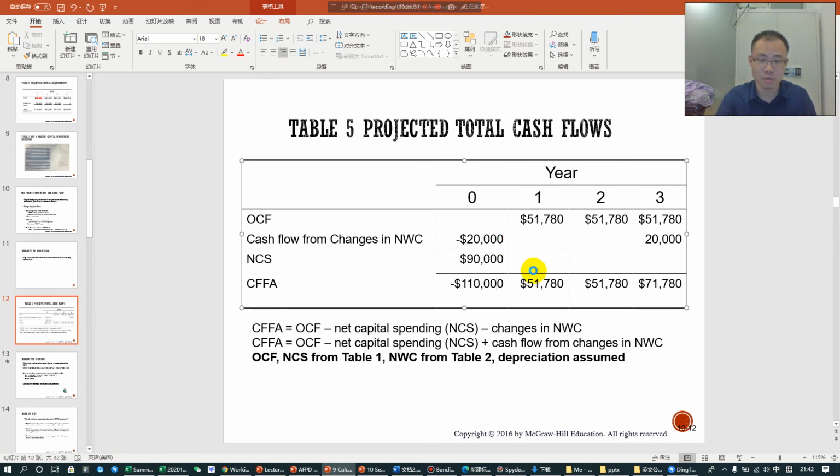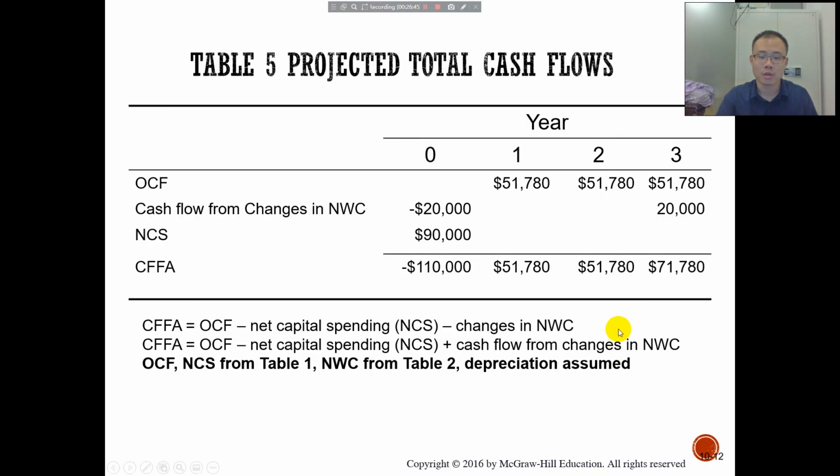This is right. So at the beginning of the first year, you spent in total $110,000. $20,000 to buy all of the clothes, $90,000 to decorate and buy the equipment.